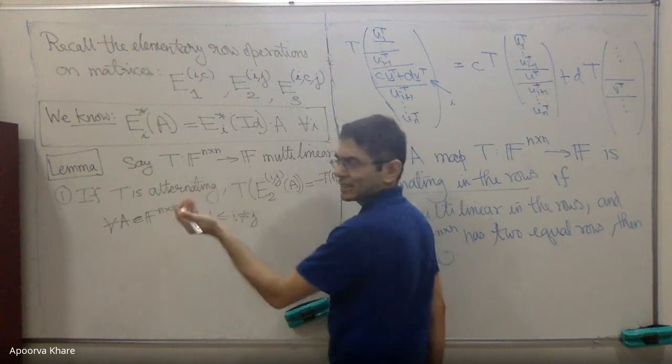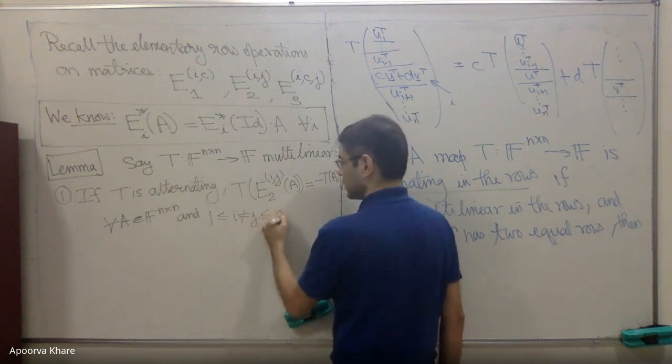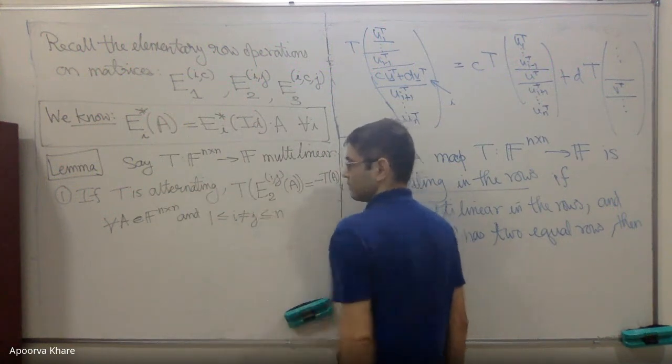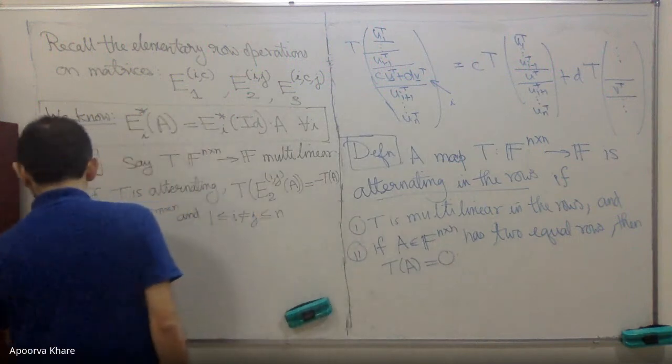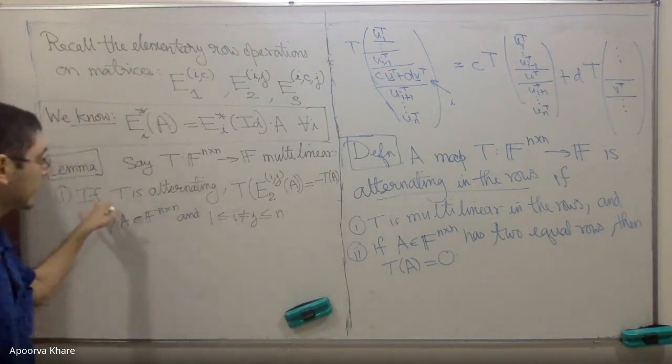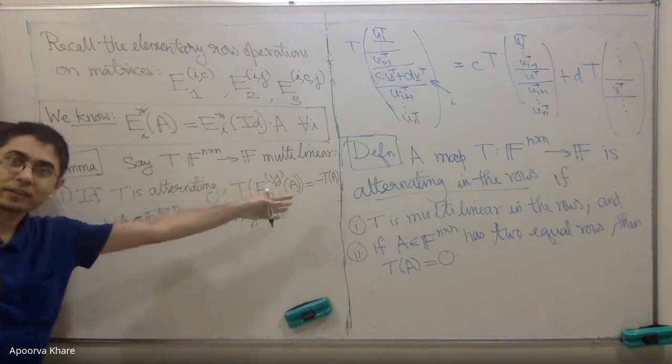You could also take i less than j, that doesn't matter, because E2 ij and E2 ji are the same. Okay, this is true. Secondly, if it is alternating, then this alternating condition happens.